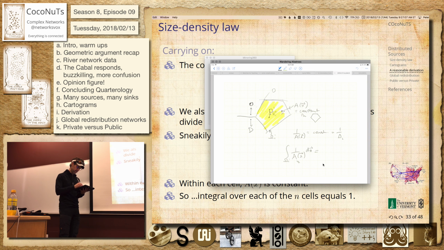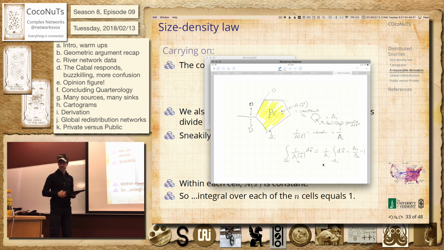It's the area of the ith facility's surface area. I want to write words. Sorry, it's embarrassing. So this is just a constant, and then we just have the integral over that area, which of course is ai. 1 over ai times ai, so that's 1. So we get 1 for each one of these regions, so we sum them up and we'll get n.